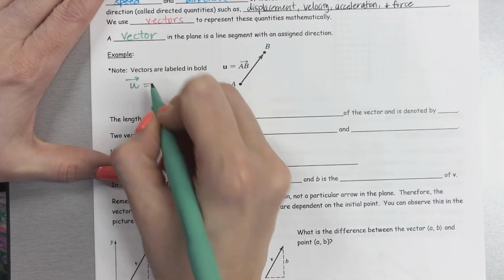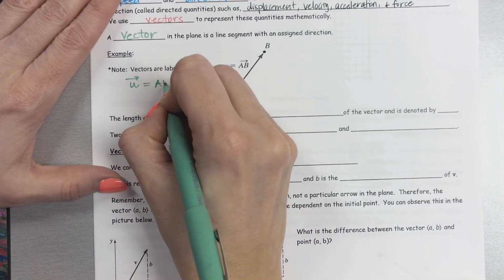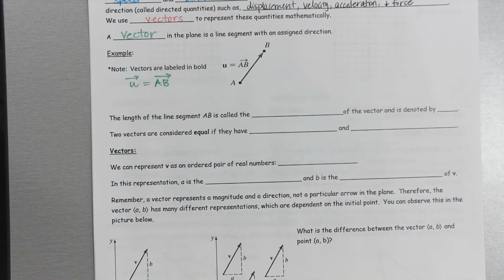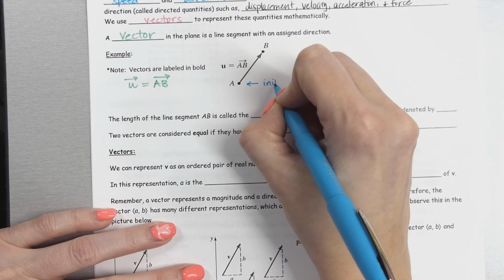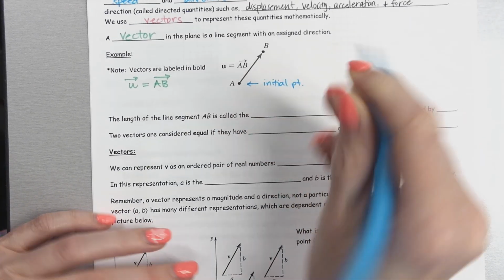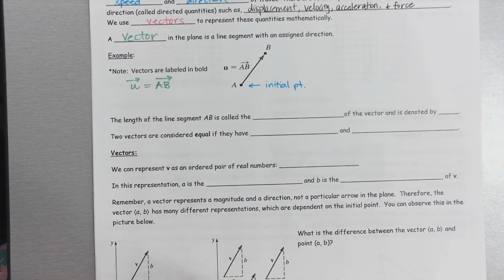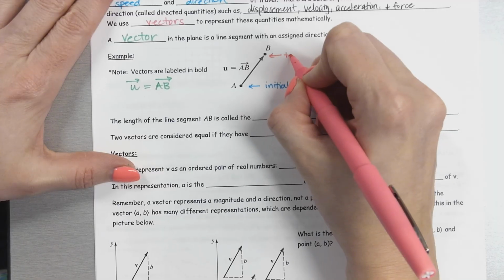So if we were saying vector u, that would be the same thing as vector AB. And then you have these 2 points. One of them is called the initial point, that's where you start. And the point the arrow is going to is called the terminal point. That's where it ends.